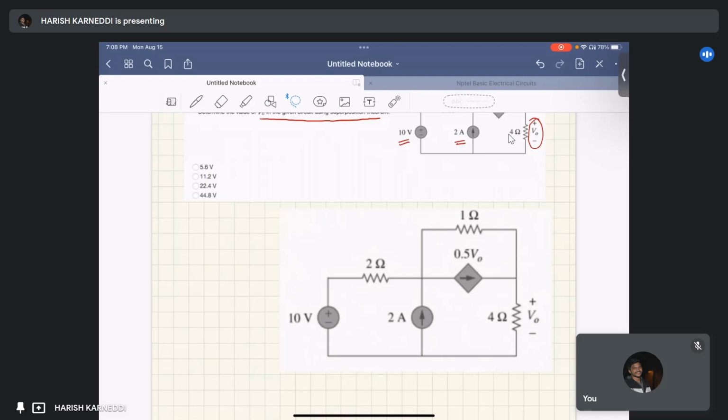The ideal current source internal resistance is, one can comment what is the ideal current source internal resistance.